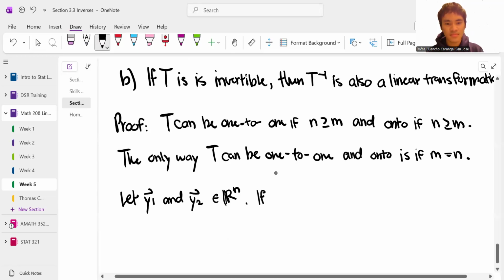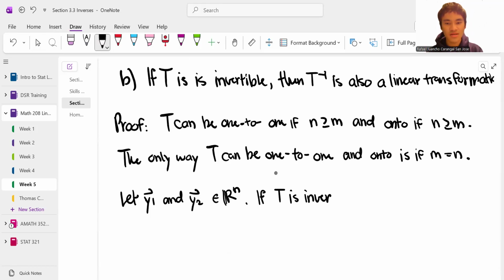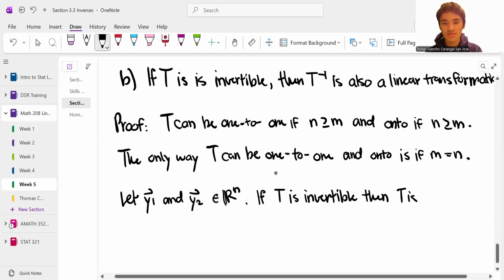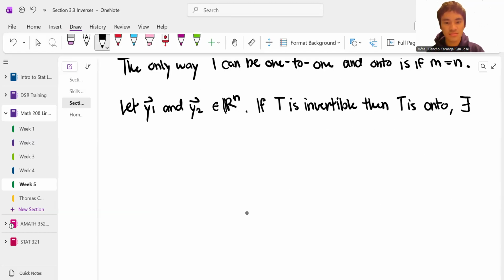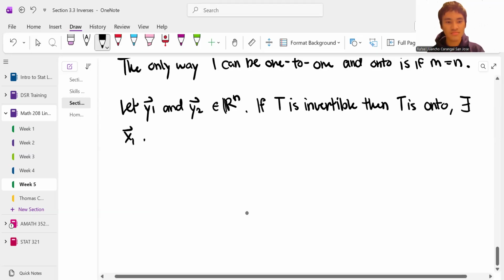Now, if T is invertible, then we know T is onto. And what does it mean for T to be onto? There exist vectors x sub 1 and x sub 2 in Rn.